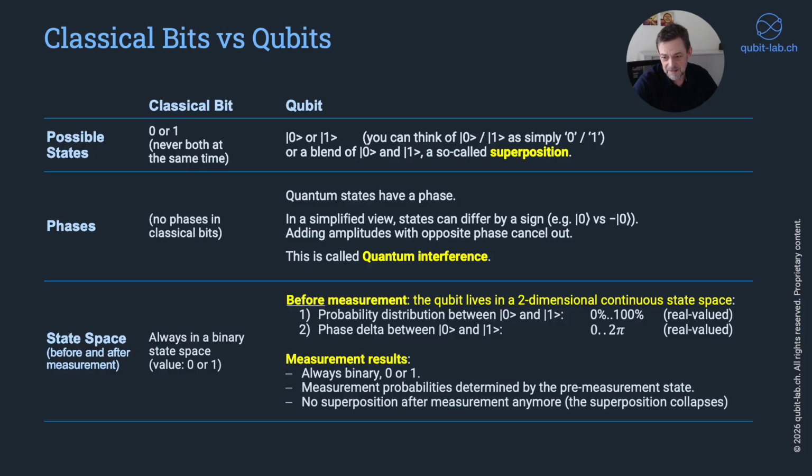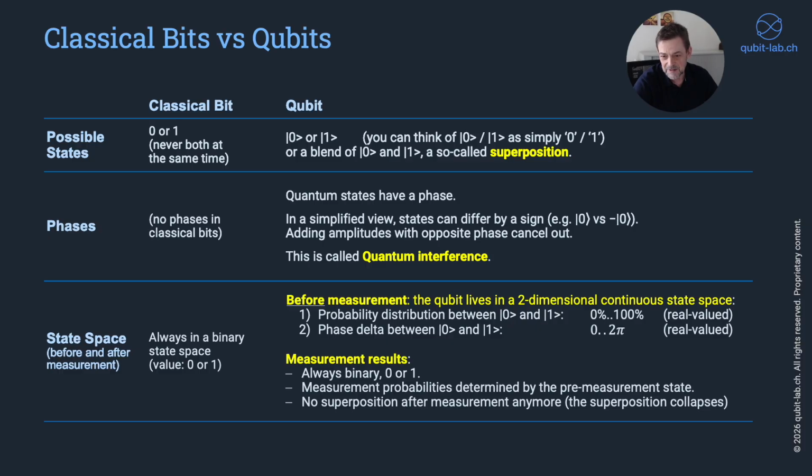And as a second dimension, there is this phase delta between 0 and 1. The actual dimension is only a delta. It's not a global phase. Both states do have a phase, but at the end, physically measurable is only the delta between the two.